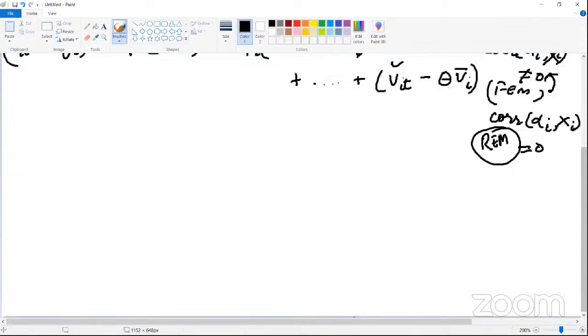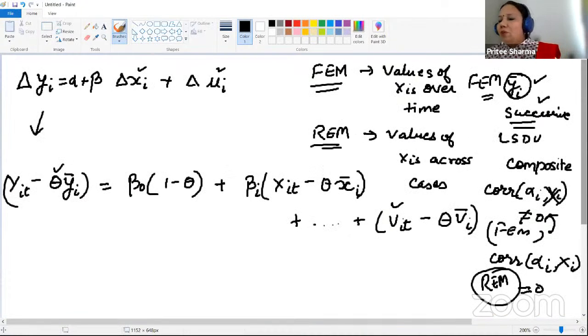Okay, yes. So now, the simple answer was that since we have created this composite error term, now we are going to take the difference with only a fraction of the time demeaned value. All right.